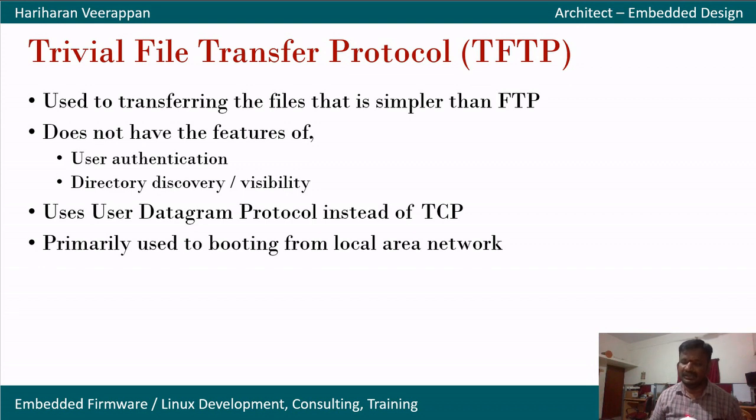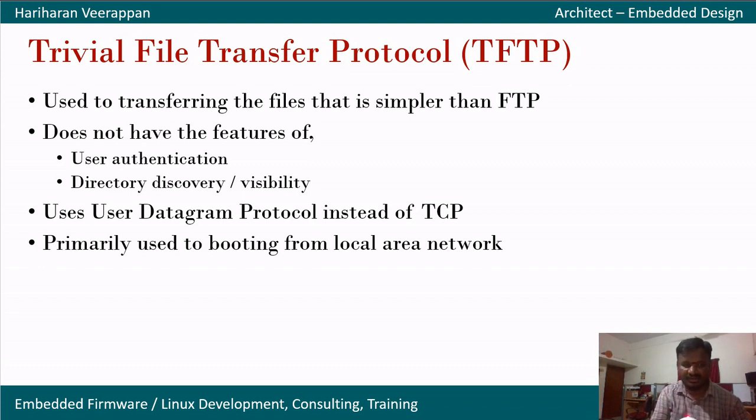TFTP is lightweight and uses User Datagram Protocol instead of TCP, and the primary usage of TFTP at the initial stage is to boot from local area networks. Here also we are trying to boot the Linux kernel and device tree images over the network, basically, that we will be seeing over here.